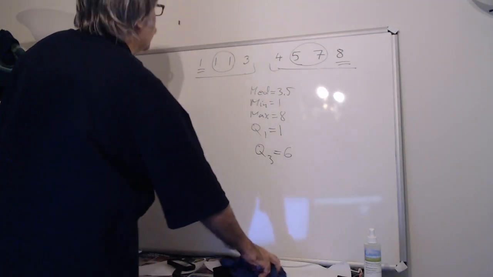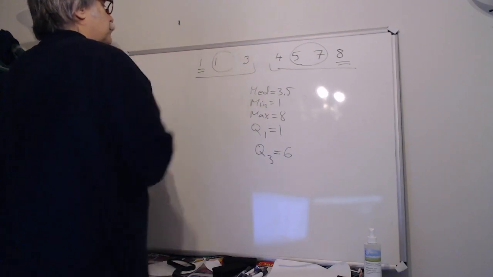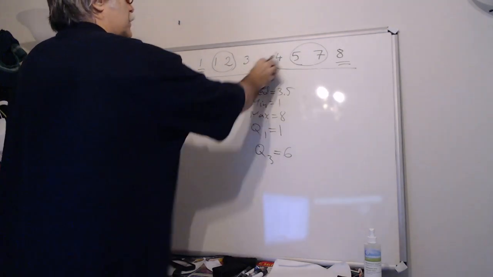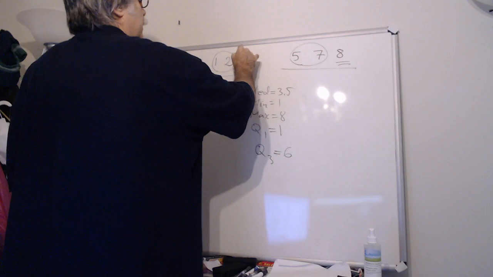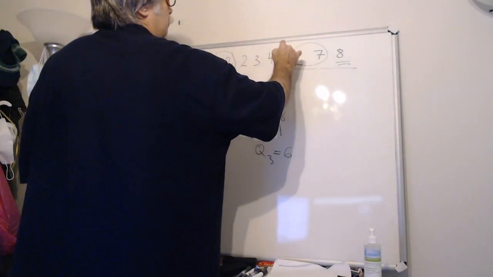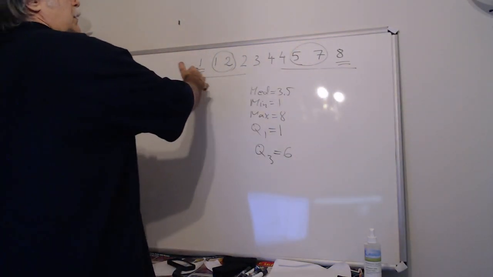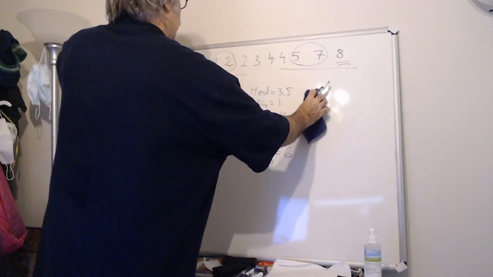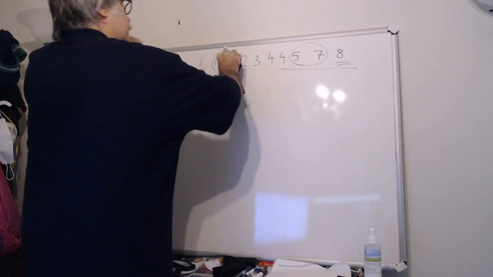Now we could also have things like this. I'm changing my sample again to give you a different scenario. Right. So in this particular case, I have 10 items in the sample, so this is even. So I have a little bit different situation.